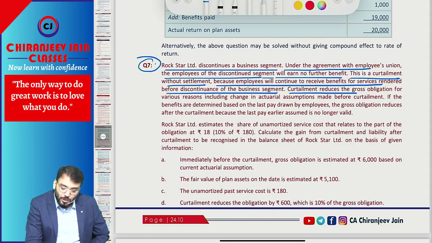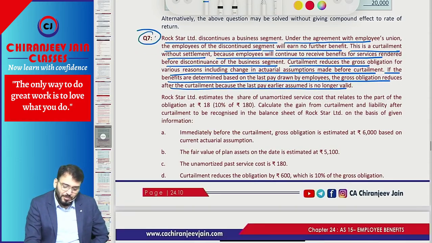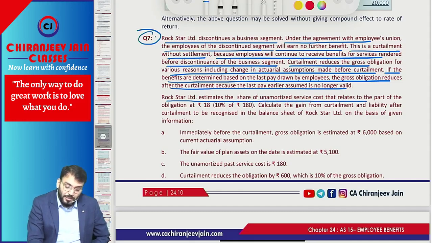Curtailment reduces the gross obligation for various reasons including change in the actuarial assumption made before curtailment. This is all a useless point. If the benefits are determined based on last pay drawn by the employee, the gross obligation reduces after the curtailment because the last pay earlier assumed is no longer valid. This is all useless.